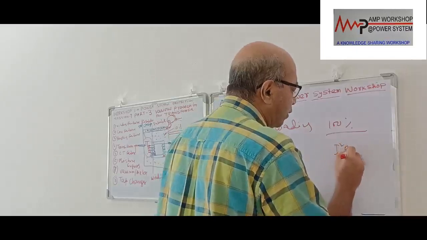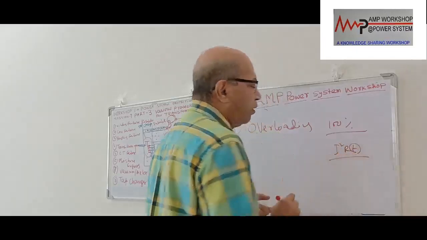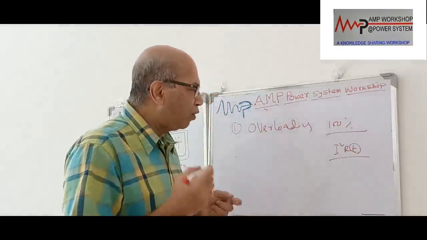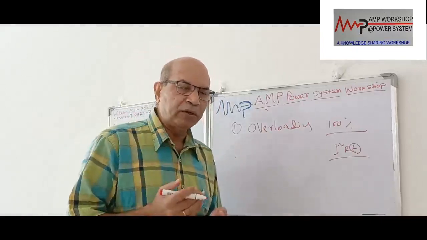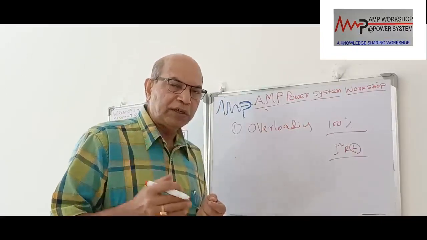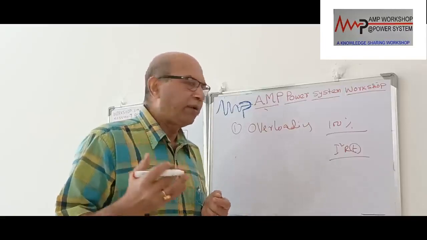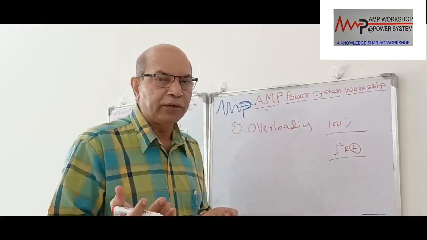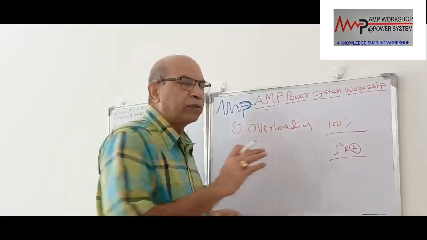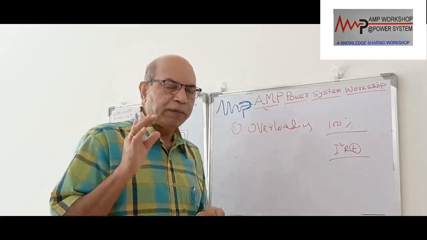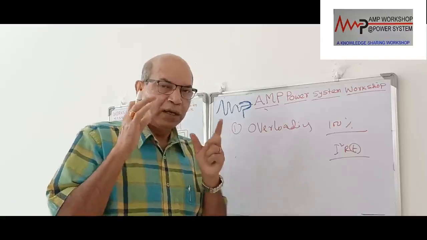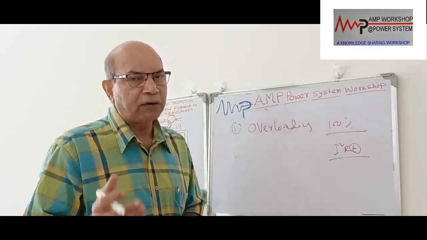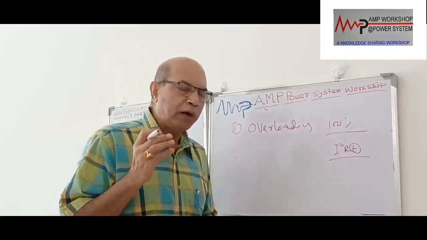T is time. I squared R T loss will cause more heat, and that heating will cause insulation failure. And if the insulation deteriorates or fails, that insulation failure will transfer to winding failure. So due to overloading, the transformer can fail. This is one of the service conditions which can cause transformer failure.